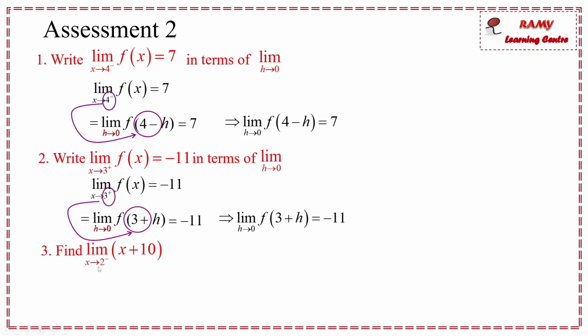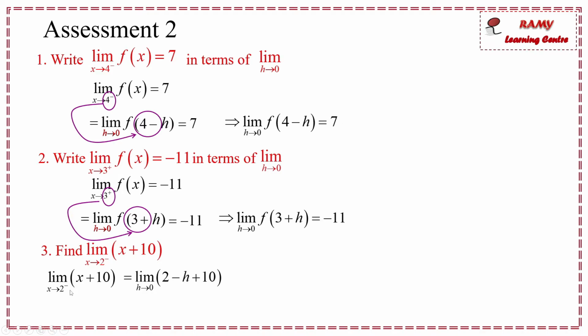Find limit x tending to 2 minus of x plus 10. So limit x tending to 2 minus of x plus 10 can be rewritten in the form of h tending to 0 as limit h tending to 0 of, in the place of x you can write 2 minus h.